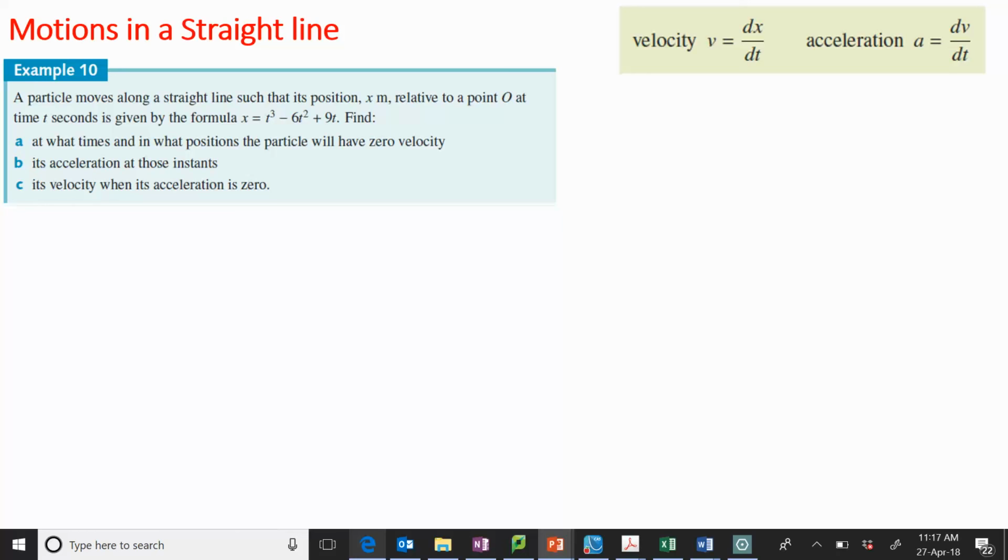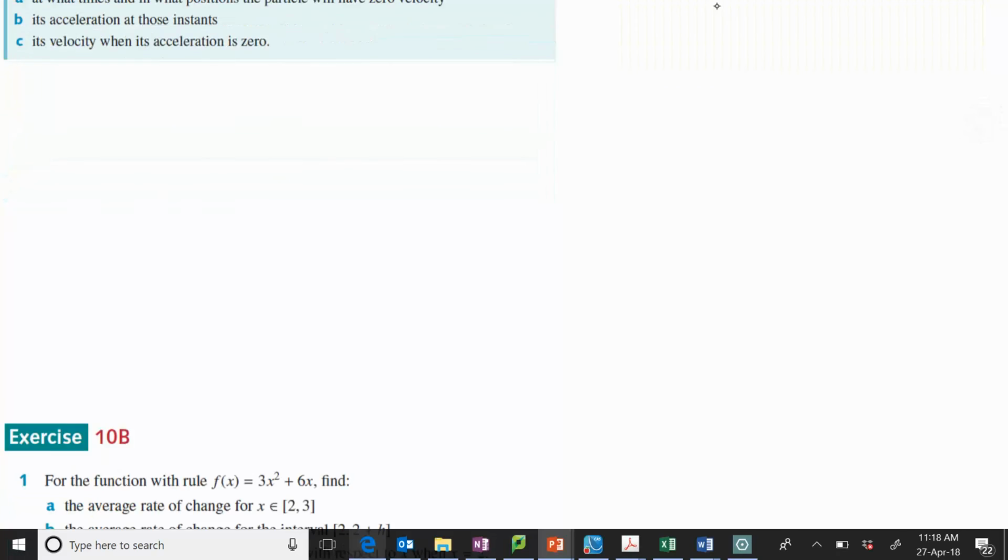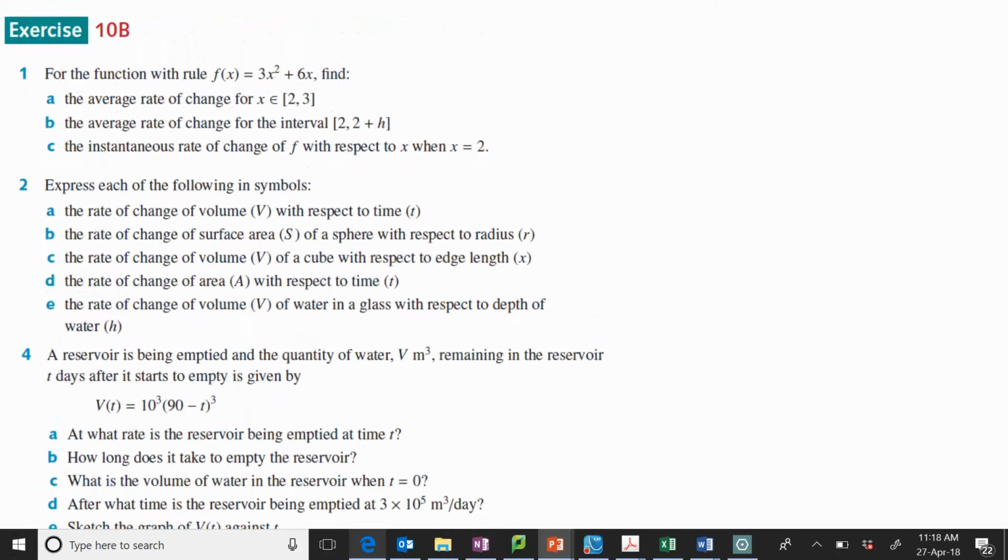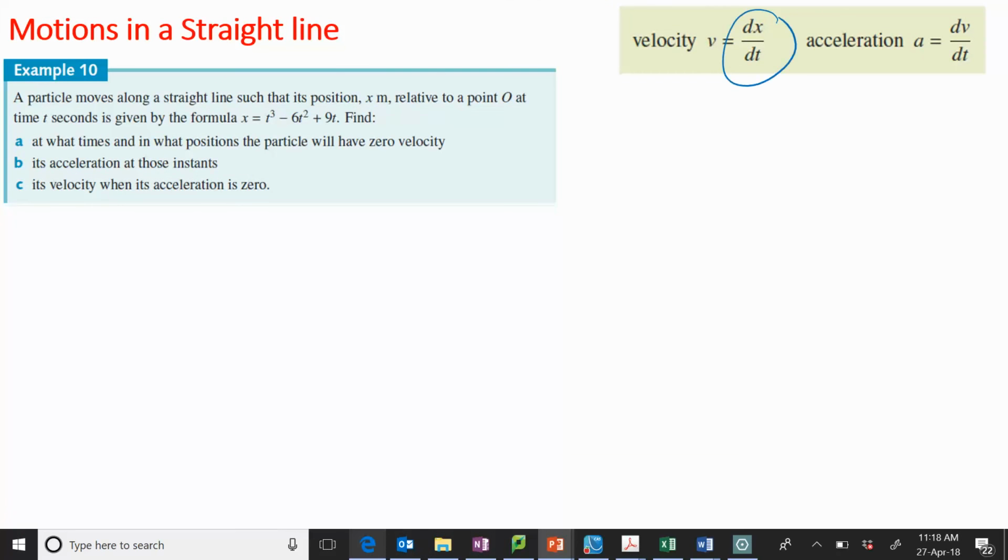The displacement, or your position, is t cubed, so whatever the time is, cube it, minus 6 times t squared, plus 9t. The first question says, at what times and in what positions will the particle have zero velocity? So when you read that question, velocity can only be found by finding the rate of change of your displacement.